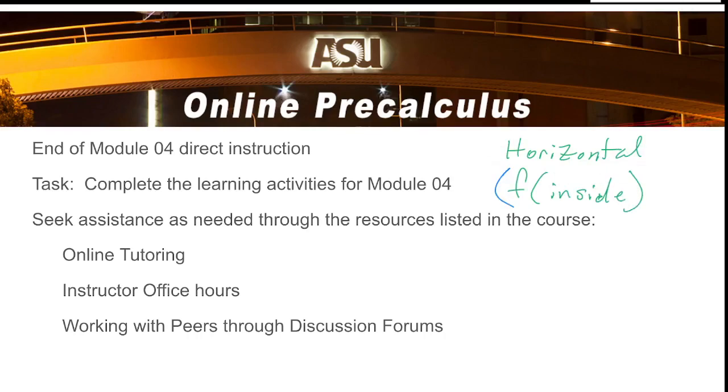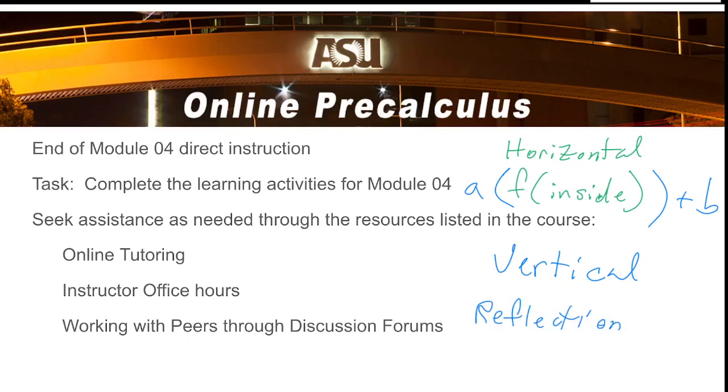And vertical changes are by stuff happening outside the function. And again, we can add, subtract, multiply, divide. Those are the main things we have. And then we have reflections, which are caused by the negative, either inside the function or outside the function.